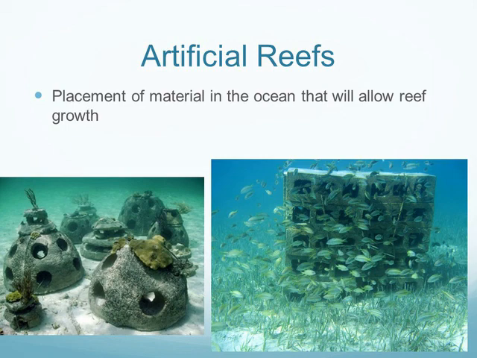A lot of times the coral will not grow on sand, so if you have too much sand within an area where there used to be coral, one way to get around it is to put down these large concrete blocks, which act as a habitat for that coral, like a stable, solid surface that it can grow off of. And so a lot of places will put these types of material down in the ocean to create more coral reef.